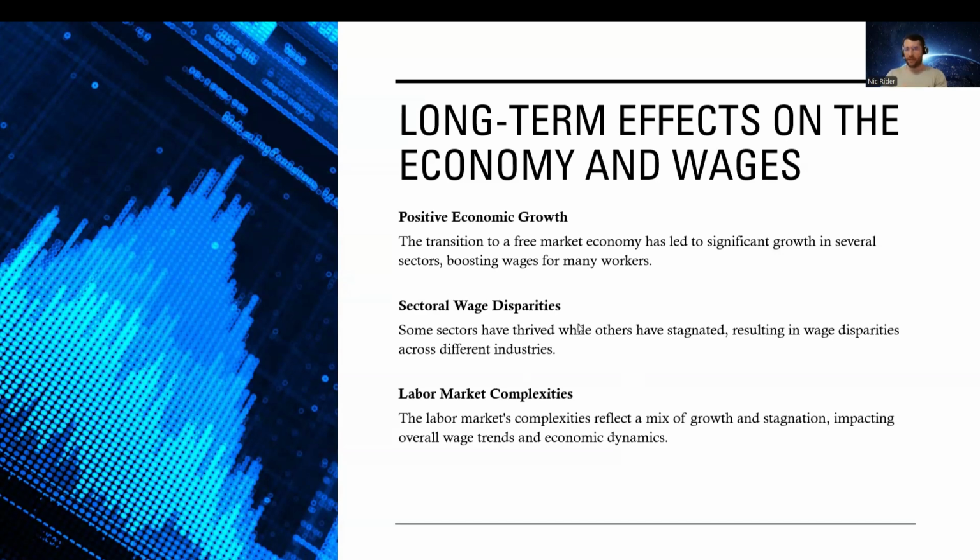So we can see that the country's economy has gotten better. Anyone who's invested in the S&P 500 would have got strong returns throughout those decades. However, it's led to significant growth in several sectors, boosting wages for many workers. So obviously, positive economic growth in the long term in several sectors.